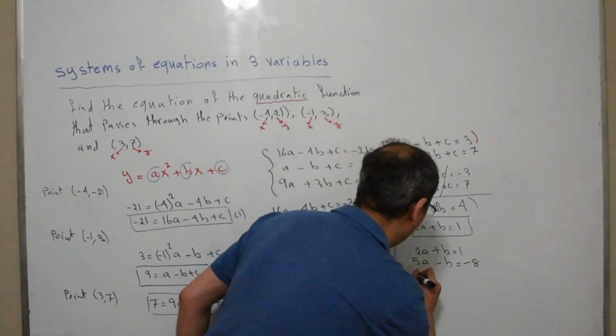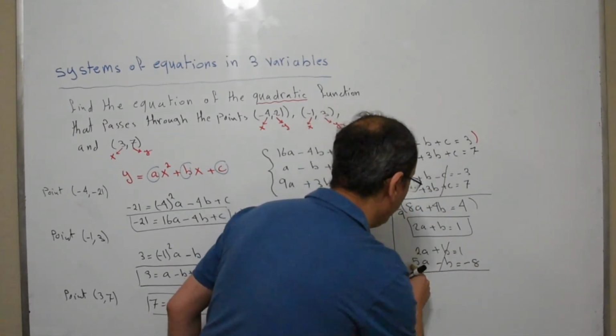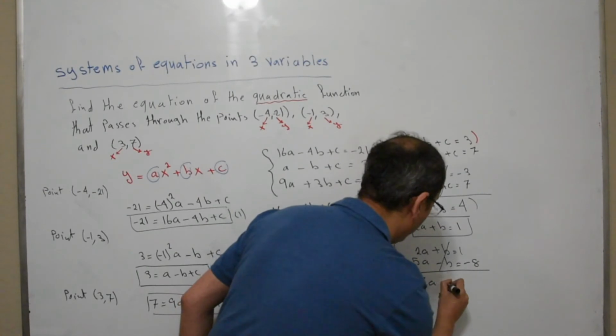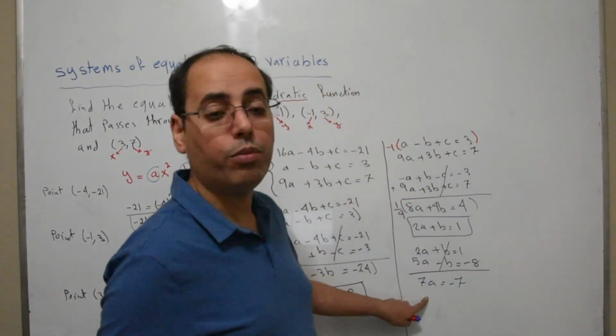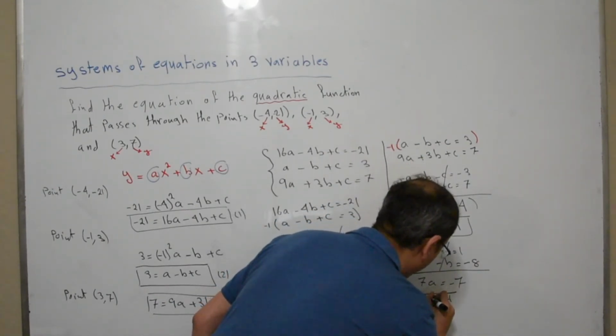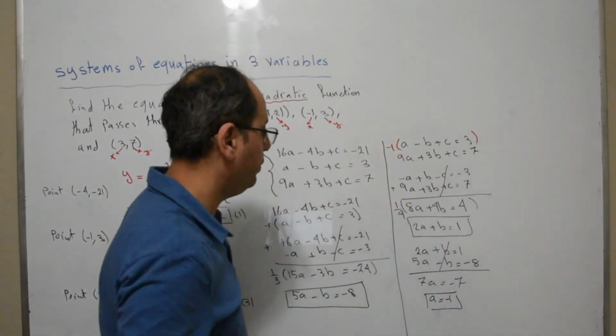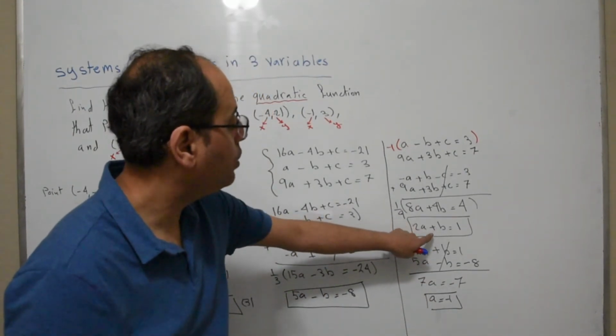Okay, so I can cancel b out here, and I have 2 and 5 is 7a. Negative 8 plus 1 is negative 7. Therefore, how much is a? a is negative 1.